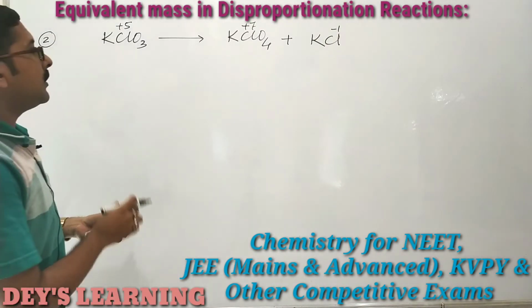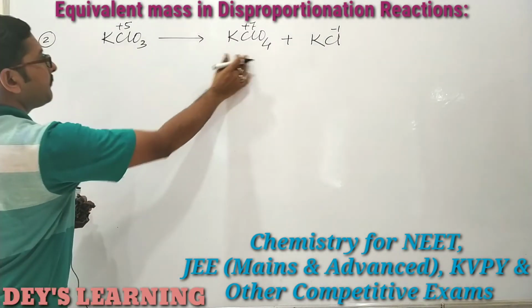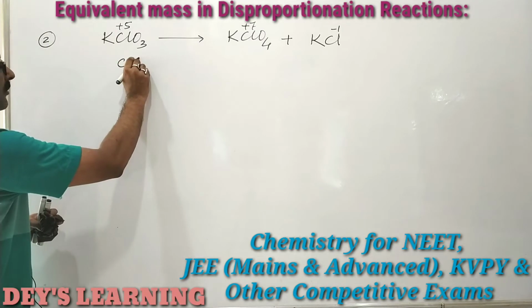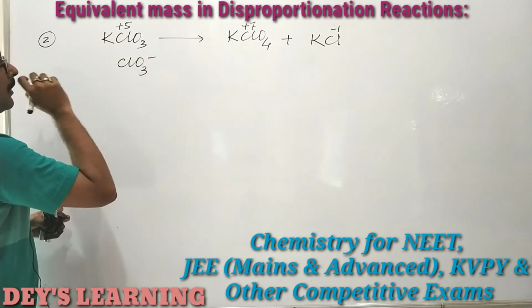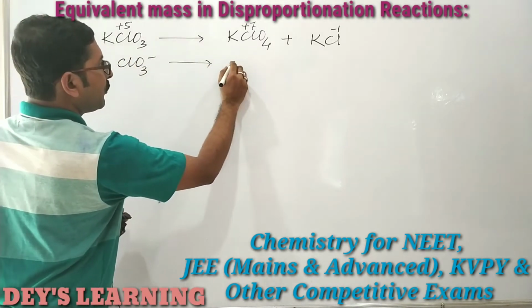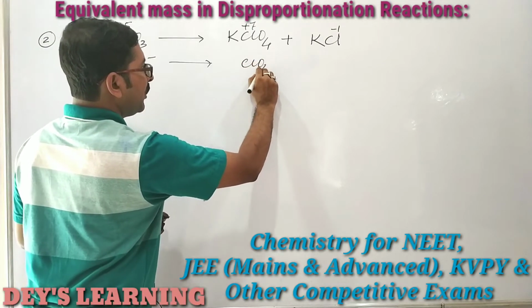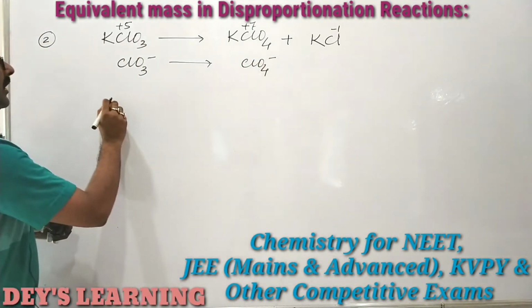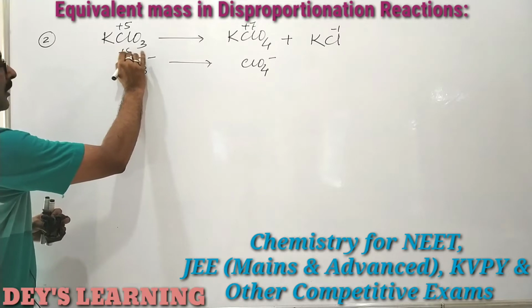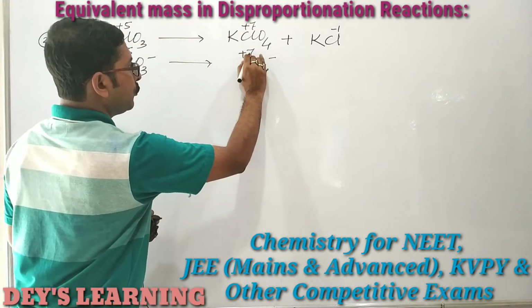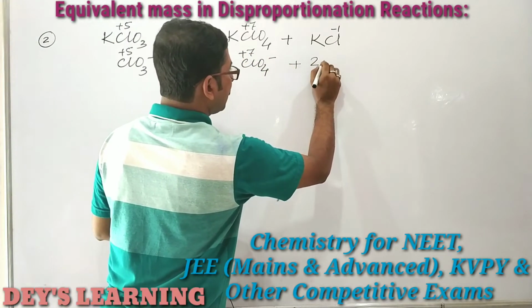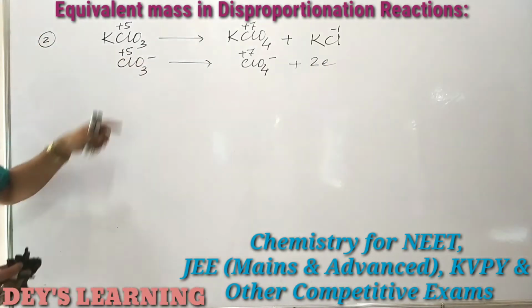So we have to write the ionic equations. ClO3 minus, after releasing 2 electrons, will produce ClO4 minus. So the oxidation number of chlorine is plus 5, here is plus 7, and 2 electrons are released from this chlorate ion.